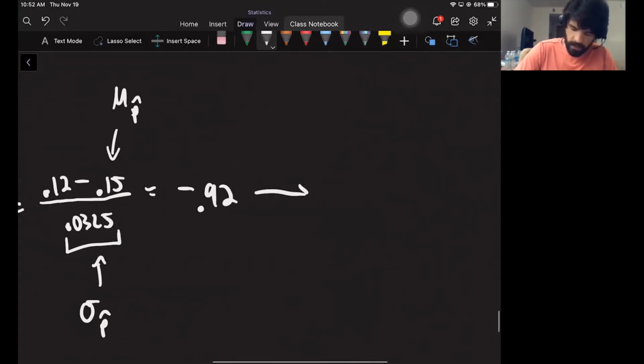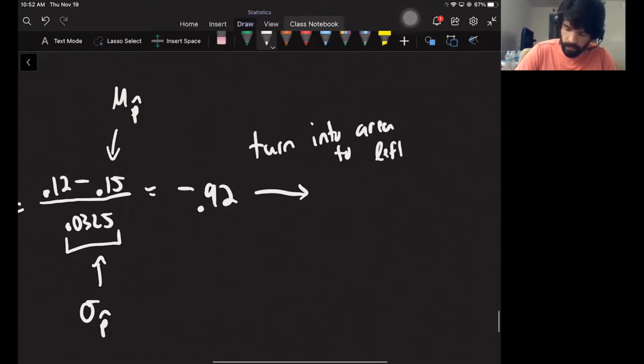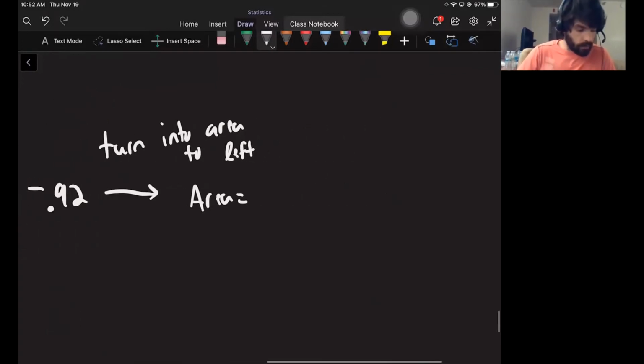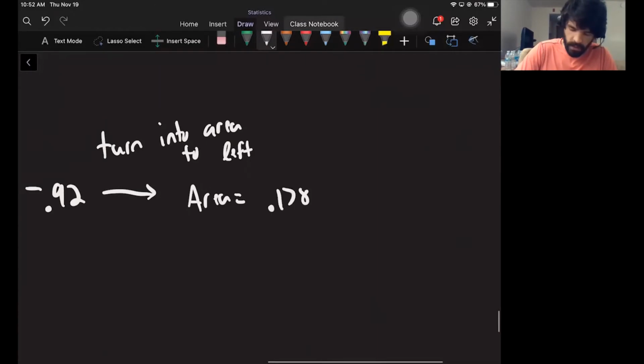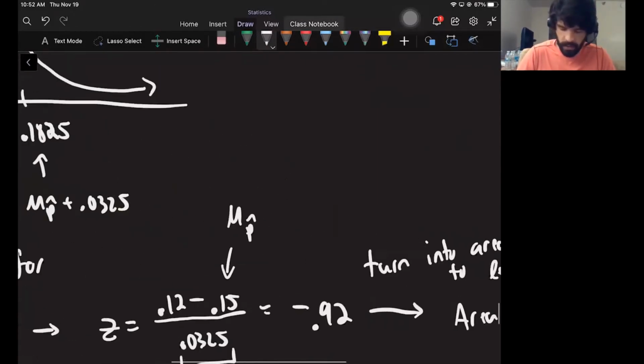And then you can turn that into an area to the left using that same calculator. And you'll get 0.1788. So that's the blue area here.